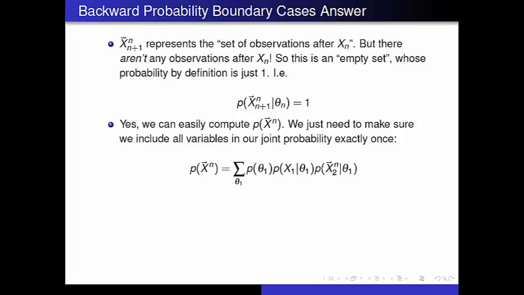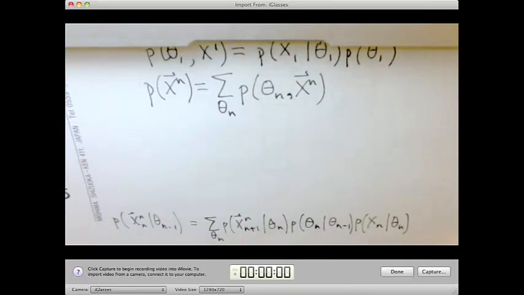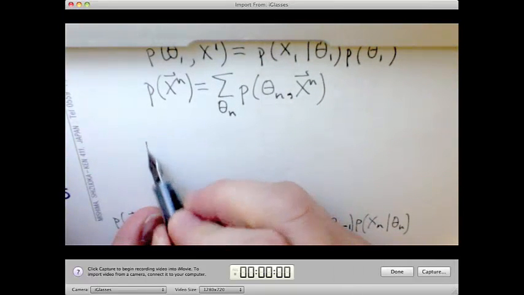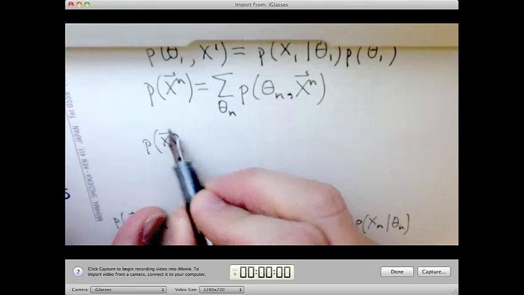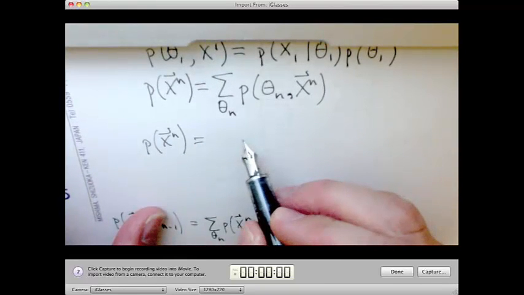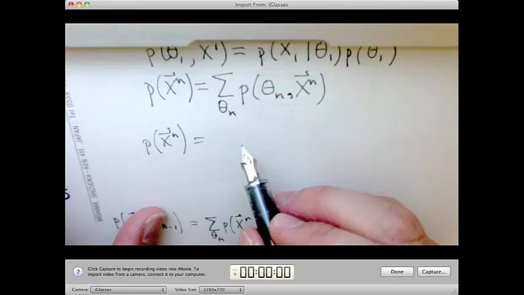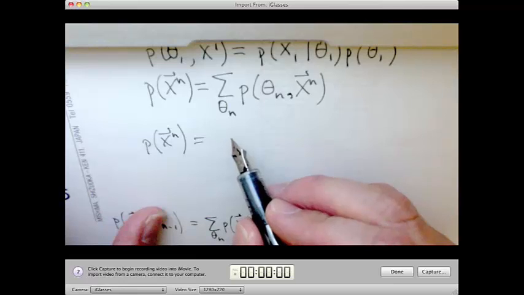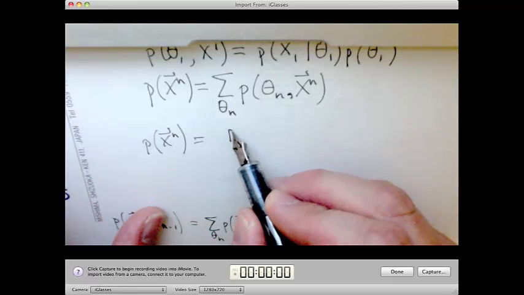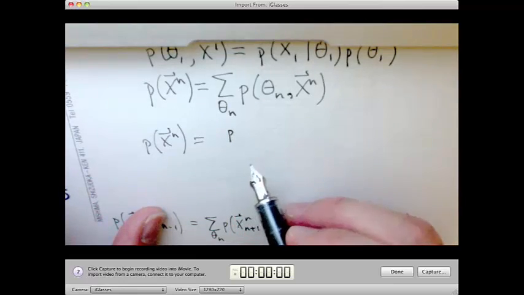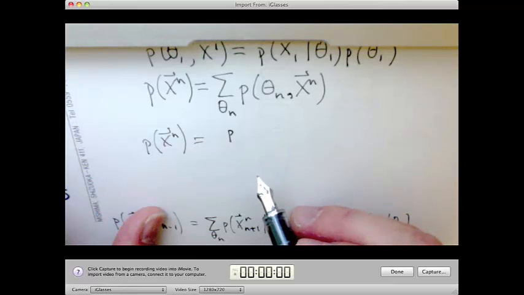Let me see if I understand what you're saying. So you're saying something like the probability of x to the n equals the probability of x1 given theta 1, probability of theta 1, probability of x to the n given theta 1, over the probability of theta 1 given x.